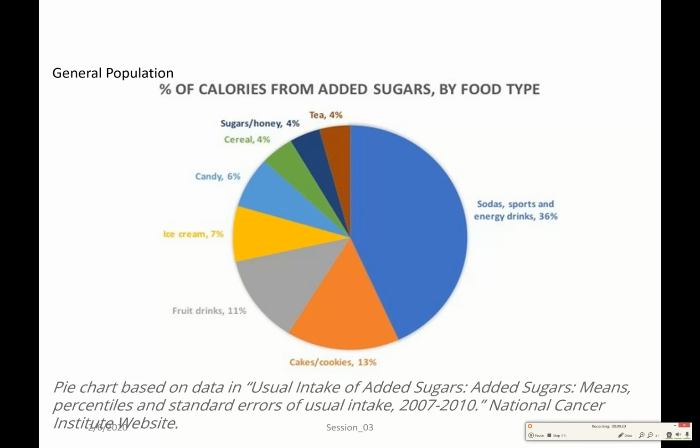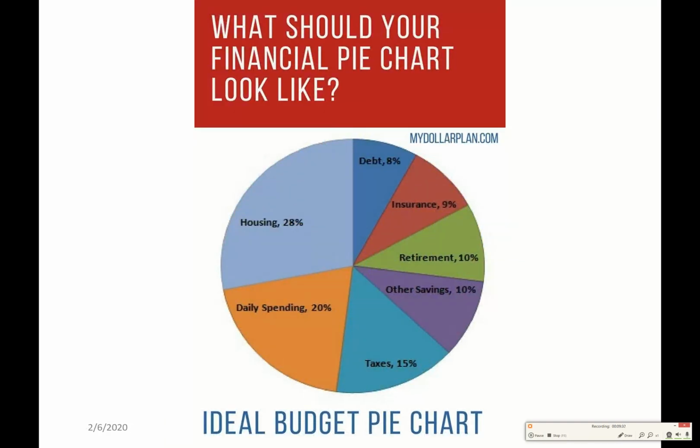Is that consistent with your experiences or what you have known from other individuals? I guess it depends. All right. Let's see, what about your financial pie chart? This gives you an optimal pie chart of where to spend your money. So 28% should go to housing, 20% daily spending, et cetera. So these are just some examples of how to use pie charts.